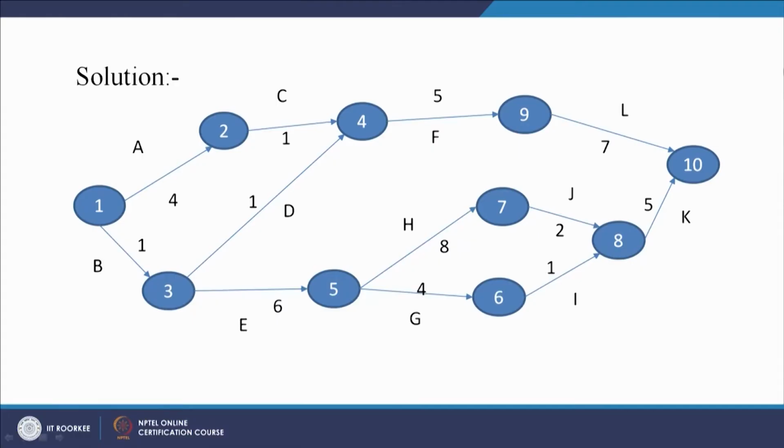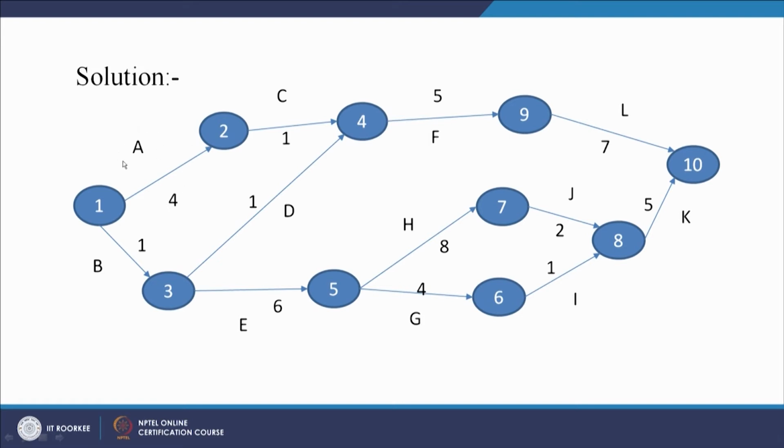So the first stage of the solution is the network. So this is the network. Here you can see we have activities A, B, C, D, E, F, G, H, I, J, K and L. One important thing you can note is that we have a starting node 1 and only one end node, that is 10, and all the node numbers have been depicted properly.